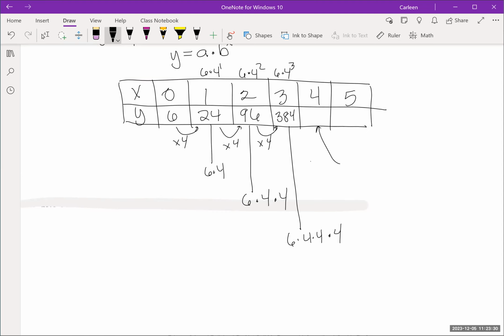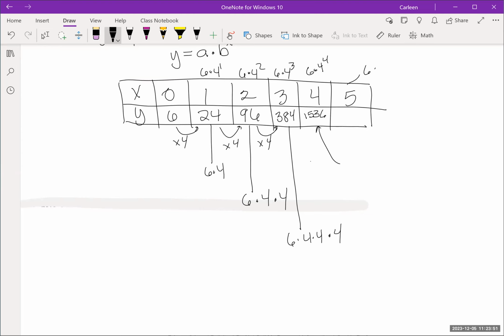Okay, what's this number? 6 times 4 to the fourth, 6 times 4 exponent 4. 1, 5, 3, 6.